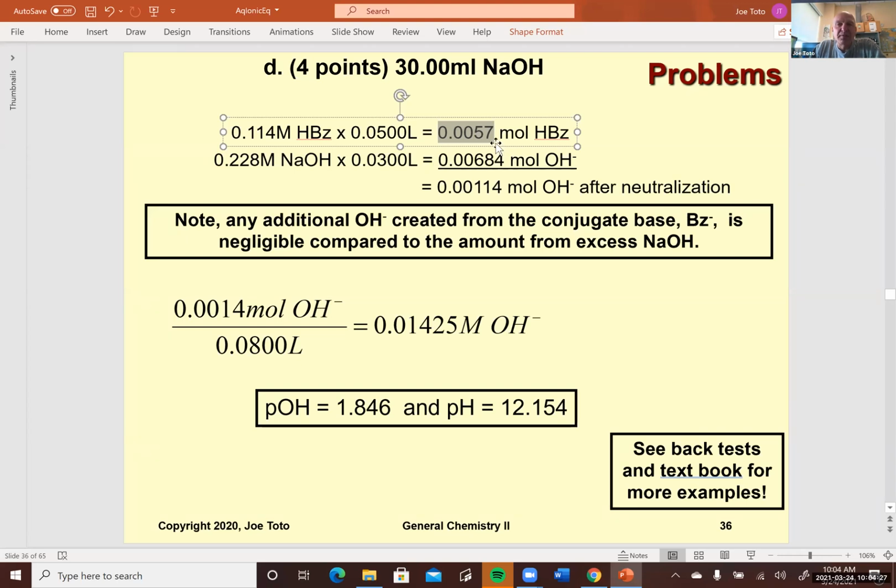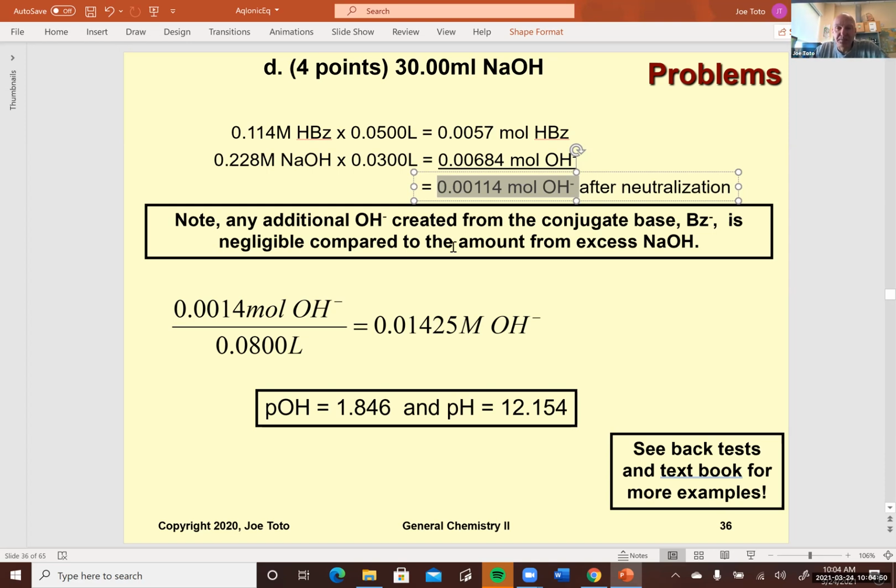In the water, I have that many moles of the conjugate base, but I can ignore it because what little hydroxide is generated from that is negligible compared to the excess hydroxide that was added into the flask.